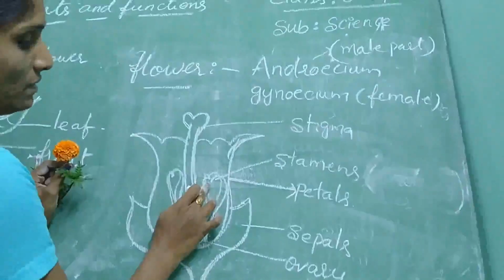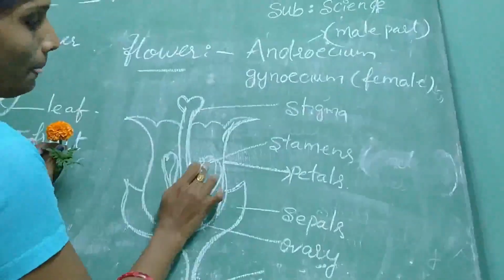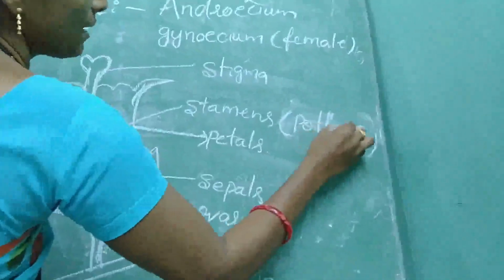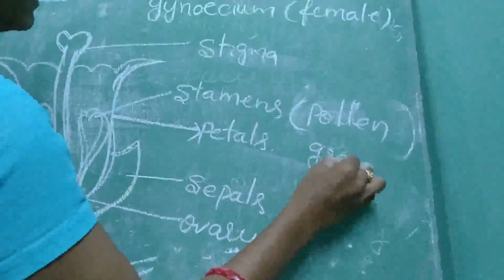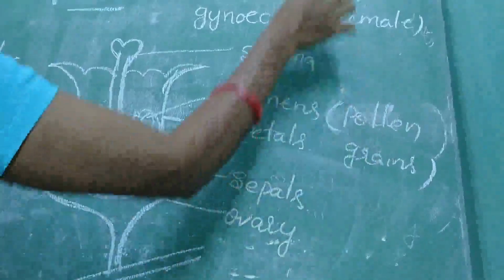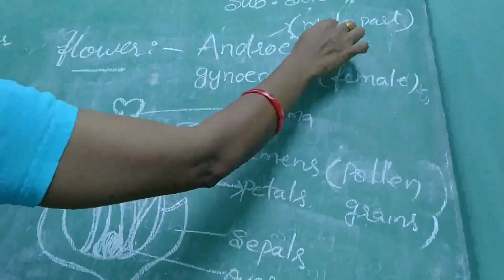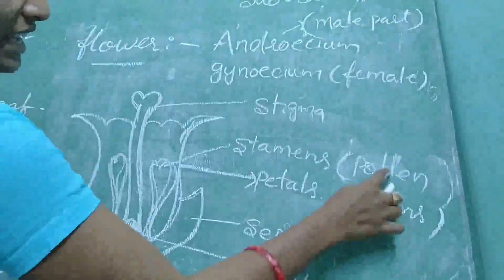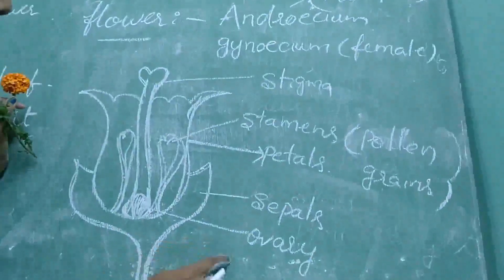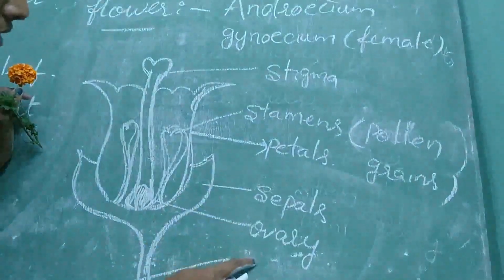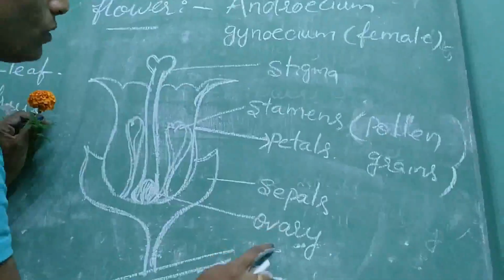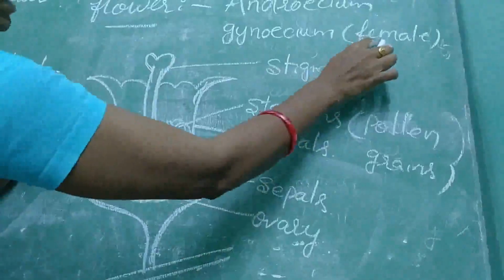And the second one, stamens. A stamen contains pollen grains. Pollen grains are known as male gametes. The female part, stigma, has an ovary beside it. The ovary is also called the female part.